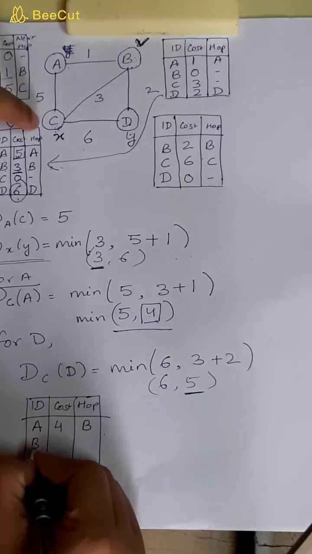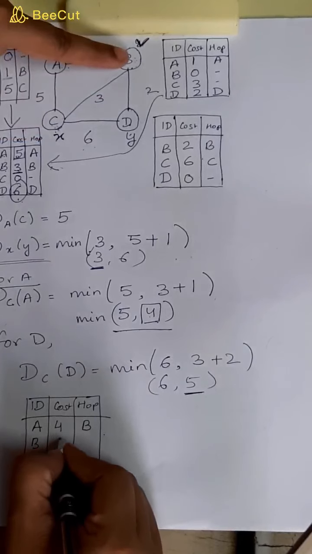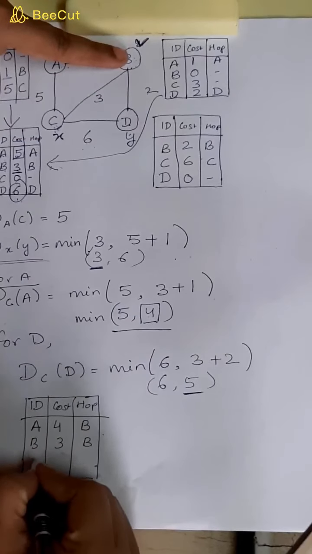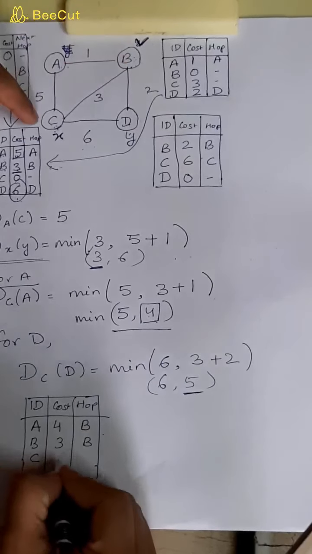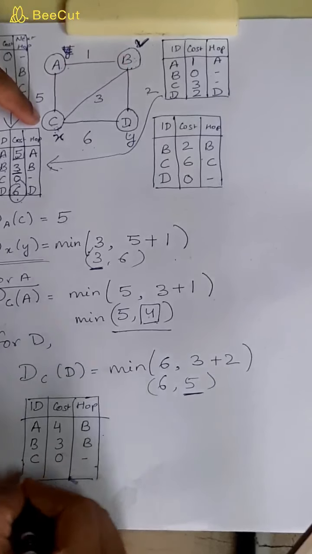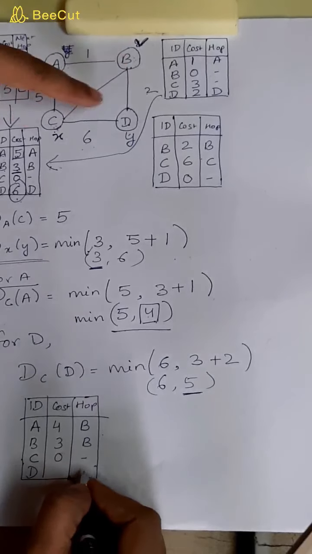For B we are having a direct link, so it will be 3 only. For node C, same node, so it will be 0. For node D, what will happen?